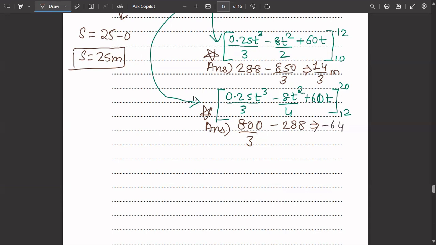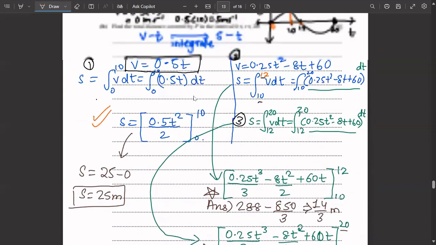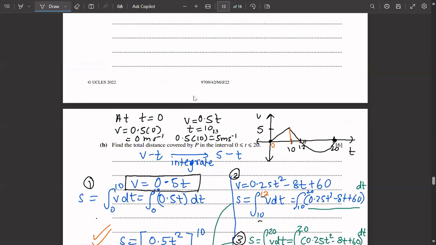Now I need you to realize why we got a negative answer between limits 20 and 12. Between 20 and 12, the area under the graph will be negative, because the height here will be somewhere around -3 or something like that, which we are not concerned about.